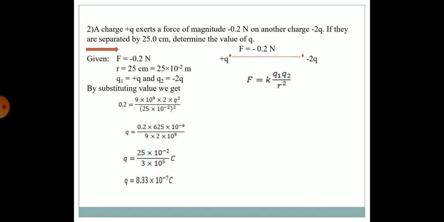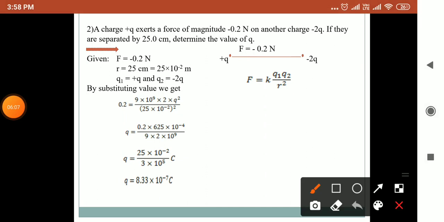Determine the value of Q. Now here, the magnitude of force will not have any negative sign, but from this negative sign we can say that there are two different charges, or opposite charges, that is plus and minus, which will give a force of attraction between them. That force of attraction is minus 0.2.